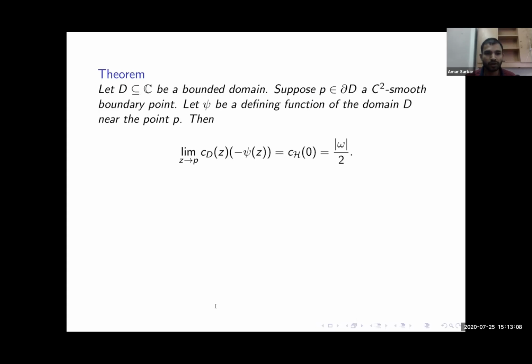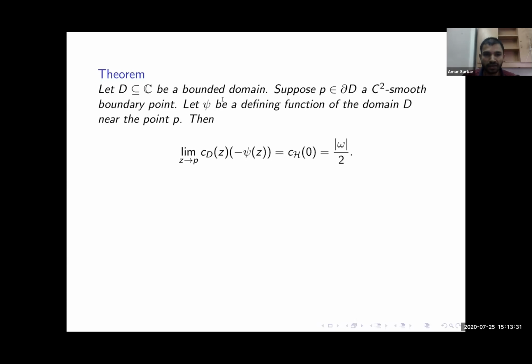Now, using this theorem, we can also prove the following theorem, which says that for a bounded domain and a point in the boundary which is C2 smooth, and hence we are taking a defining function psi near that point.